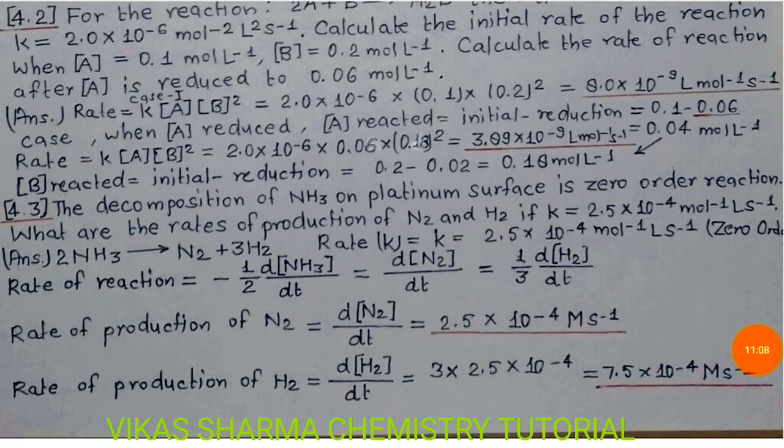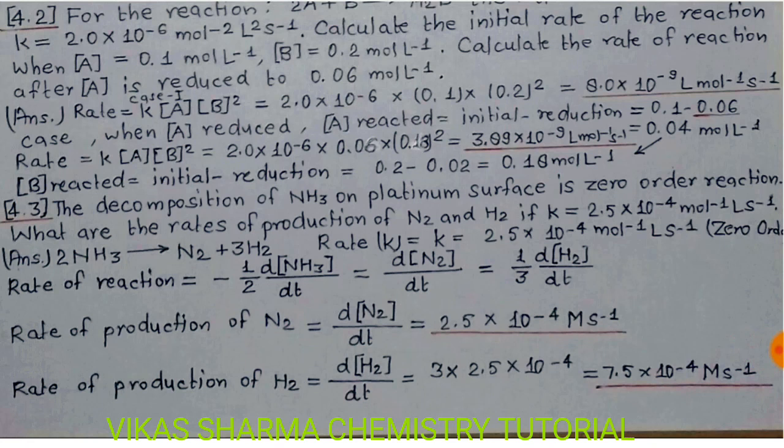Students, on the display you have seen the NCERT question 4.2. The question is: for the reaction 2A plus B forms A2B, the rate is equal to k concentration of A, concentration of B squared, with k given as 2.0 into 10 to the power minus 6 mole minus 2 liter square second minus 1.